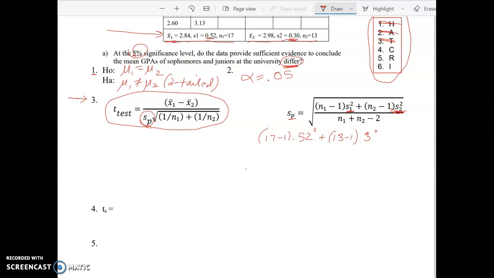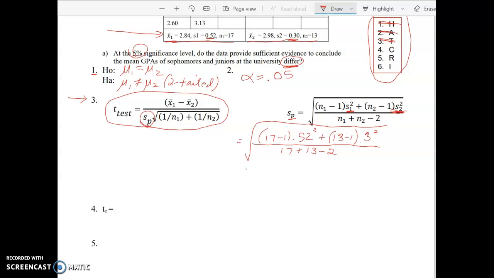And just the 0.3 gets squared, not the other part of it. That's going to be divided by 17 plus 13 minus 2. And then you take the square root of that whole thing. And that's our pooled sample standard deviation.